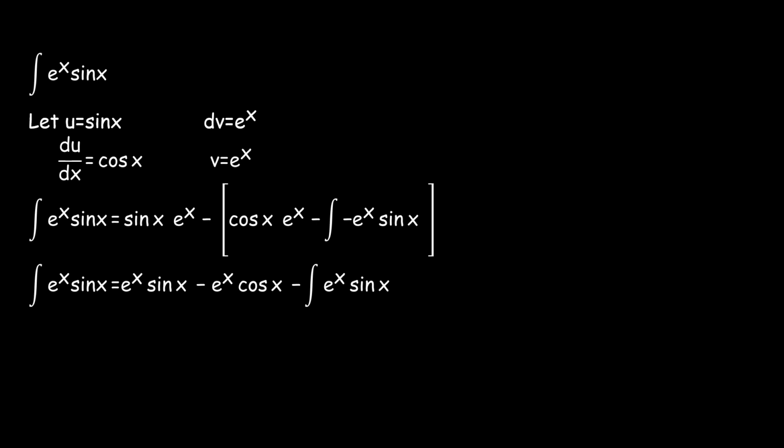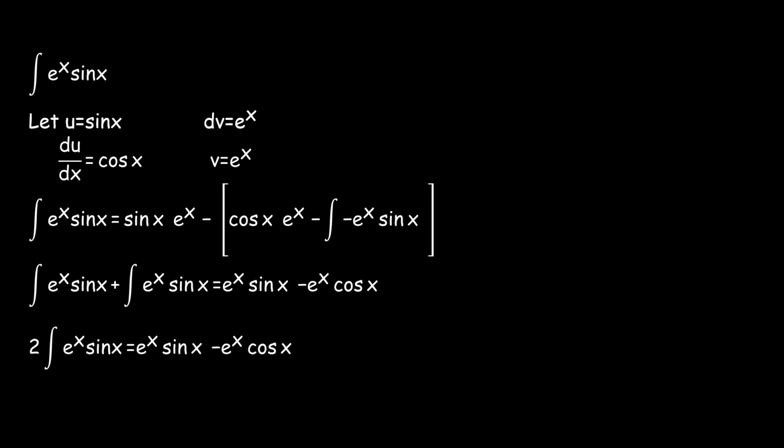Okay. Here we are going to have to bring the integral of e to the power x sine x over to the left-hand side. This is what I mean by we're stuck with the loop, because if you keep on replacing u and dv, it's going to keep going on and on. So we need to bring it to the left-hand side and add them up. So both integrals will give us 2 of the integral of e to the power x sine x.